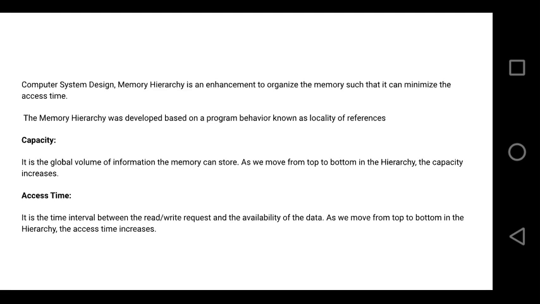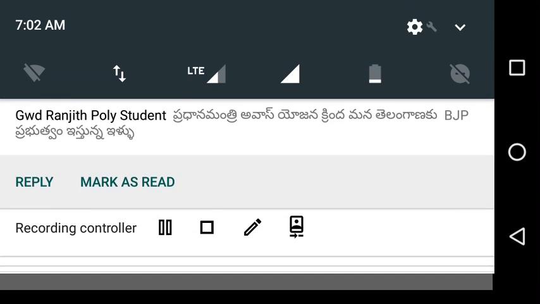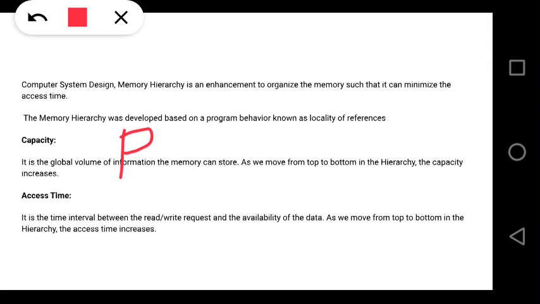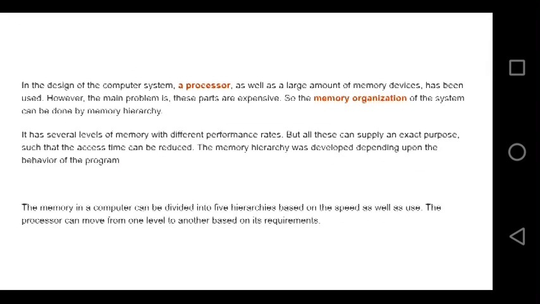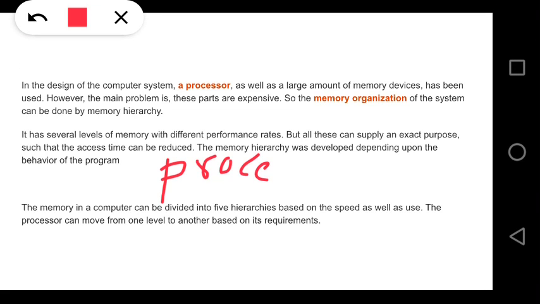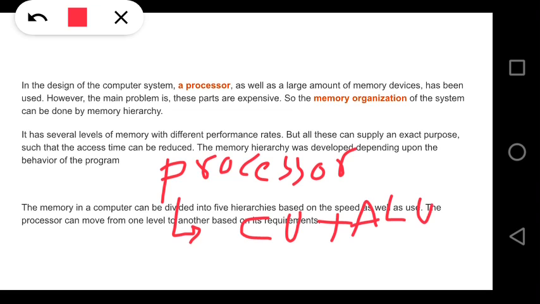In the design of a computer system, a processor, remember, whenever you refer to the word processor, it is a combination of control unit, ALU and registers.